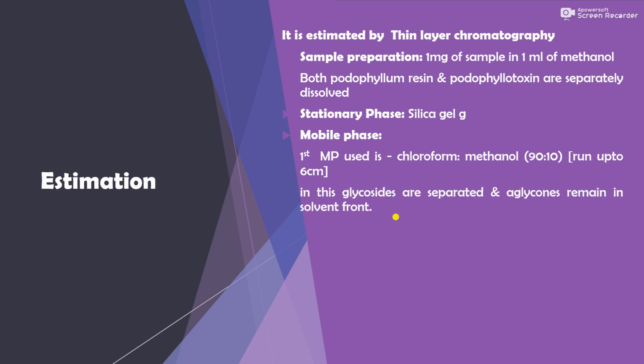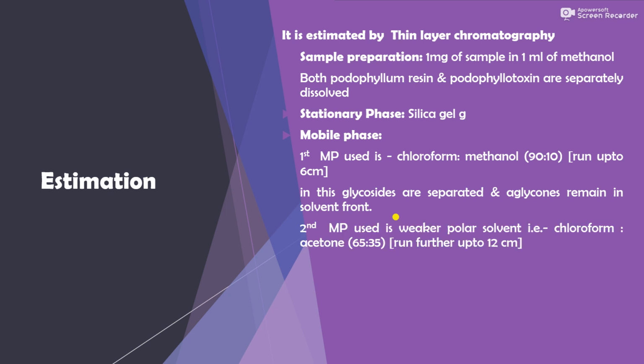In the first mobile phase, glycosides are separated and aglycones remain in the solvent front. The second mobile phase used is chloroform and acetone in a 65 to 35 ratio, which is further run up to 12 centimeter.